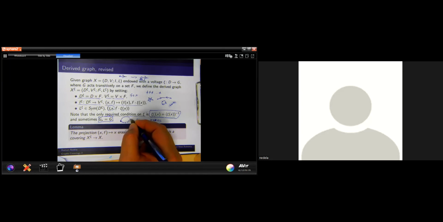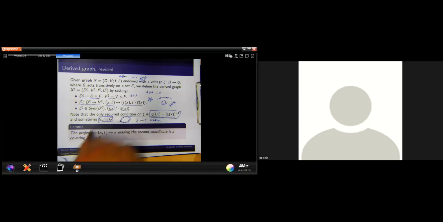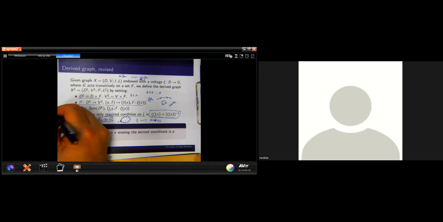We just read how the darts appear on the walk, and we take the product. And if we fix a vertex V, we can consider voltages of all closed walks. They generate a subgroup of G in general. And here is equality. This is another condition guaranteeing connectivity. So this is equivalent to the fact that the derived graph is connected.